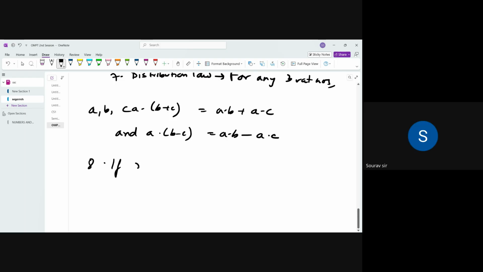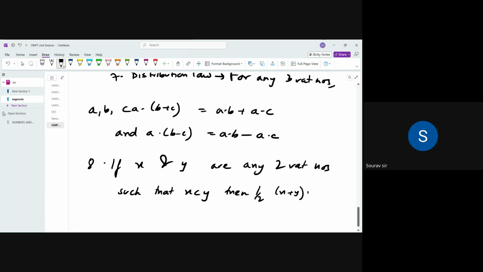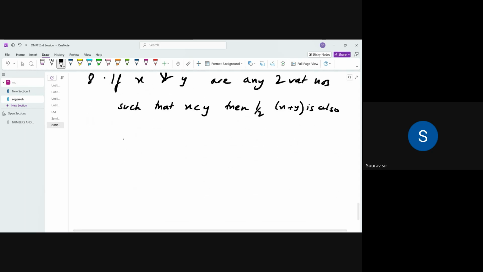And if X and Y are any two rational numbers, such that X is less than Y, then half of X plus Y is also a rational number.